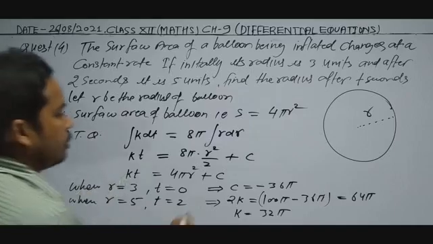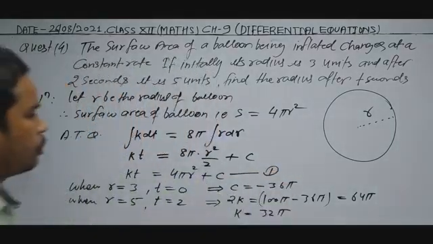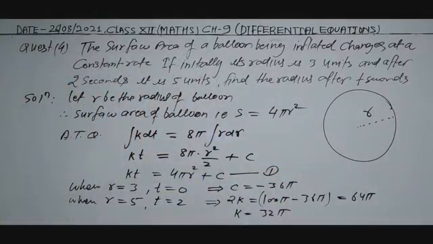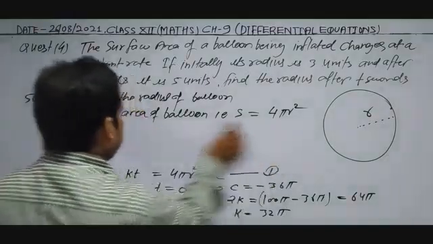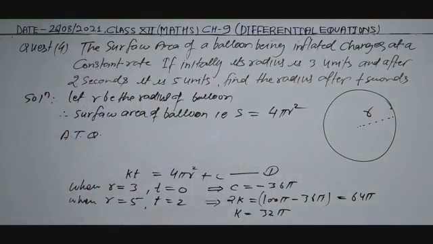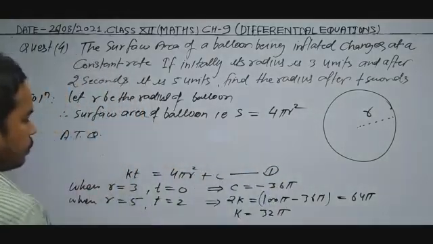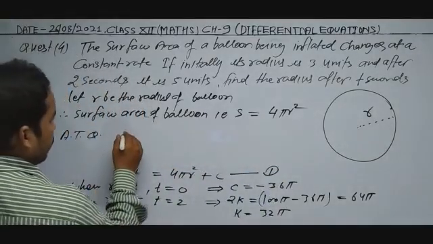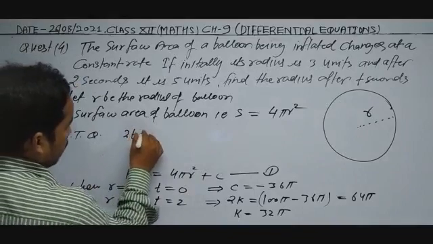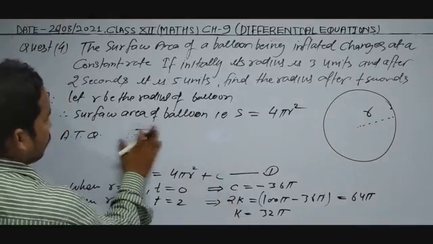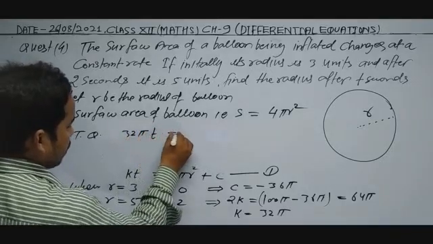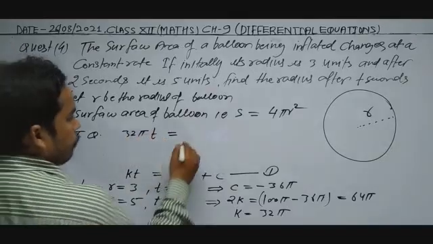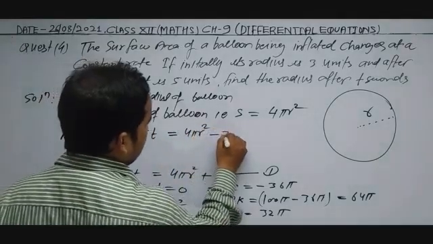Now you have the values of k and c, and you can put them in equation 1. Suppose this is equation 1. So putting the values of c and k in equation 1, the result will be 32 pi t is equal to 4 pi r square minus 36 pi.